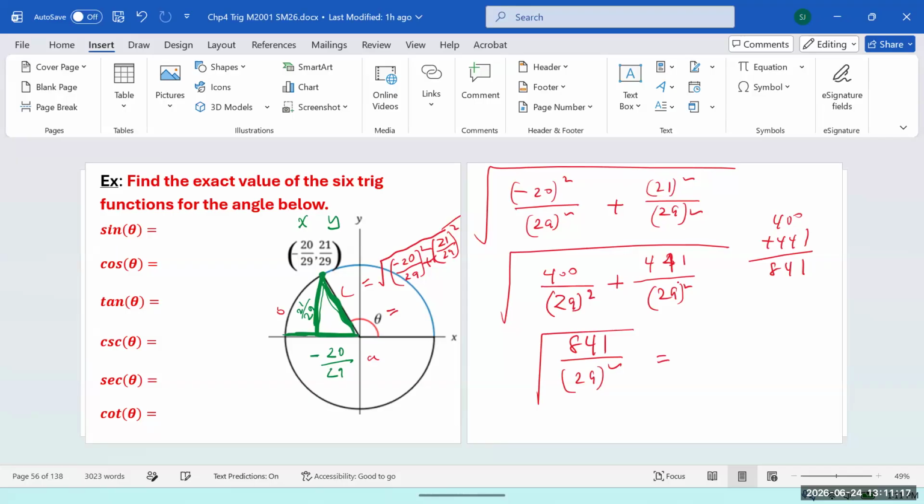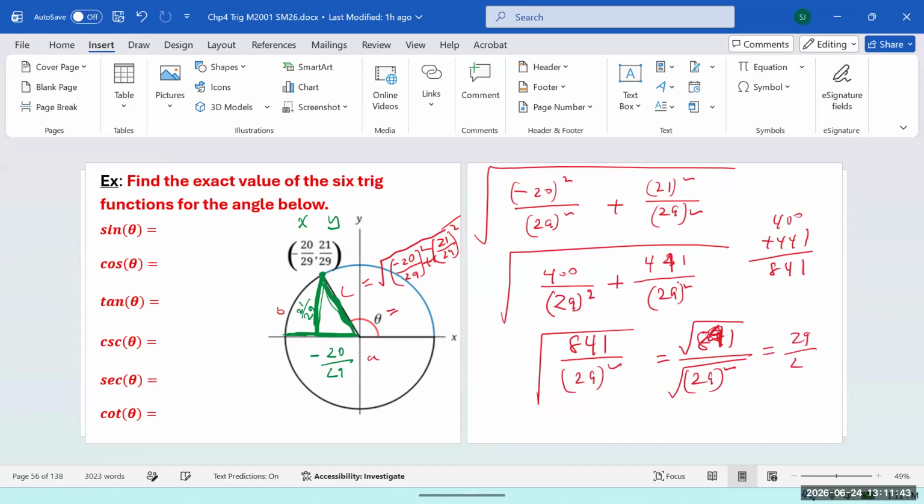How much? The numerator. 29. So 841 under the square root, 29 squared under the square root.